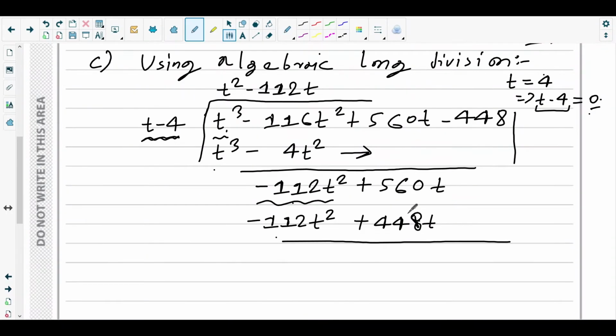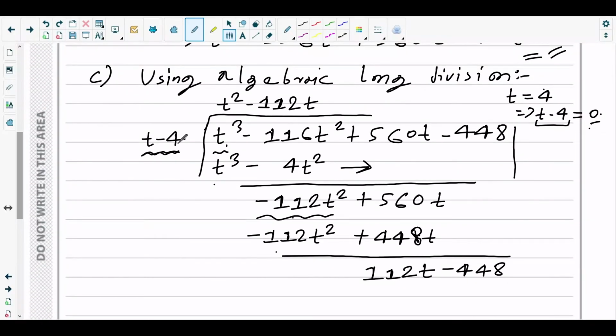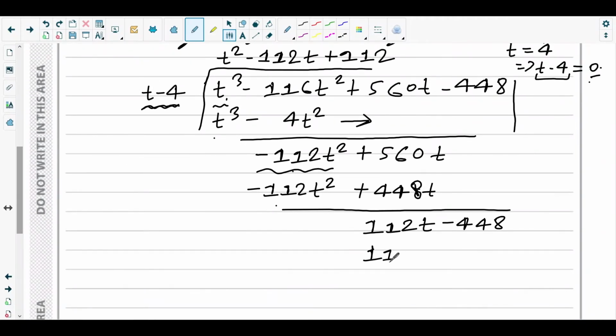So 560 minus 448 is basically 112, positive 112t. Now take negative 448 here. So what do we need to multiply with t minus 4 to get 112t minus 448? This is nothing but 112. So you will get 112t minus 4 times 112, which is 448. So the remainder is basically 0.